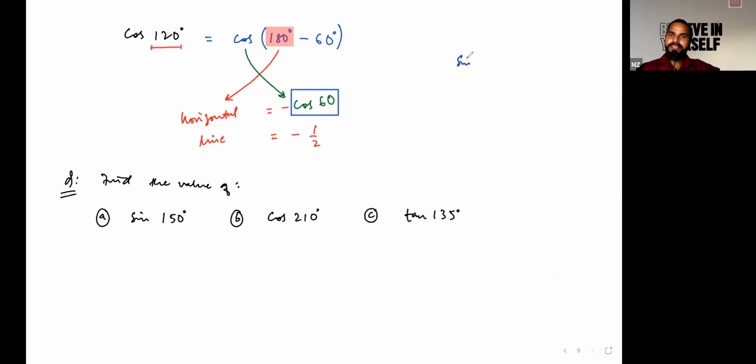Rishant, since you have written sine of 30 degree, its value would be nothing but half. Okay, so you have to answer like this. Good, Abhinav.